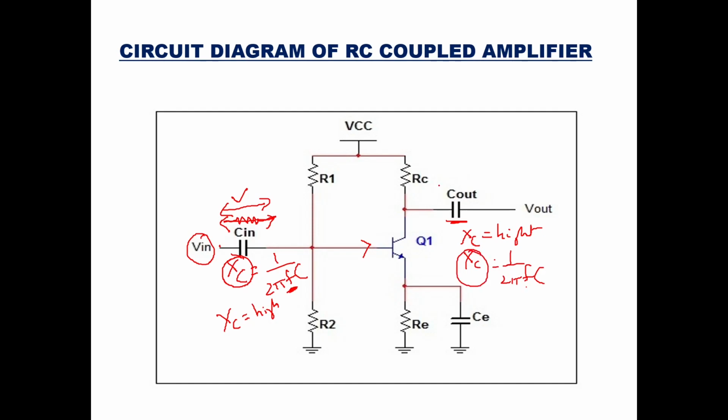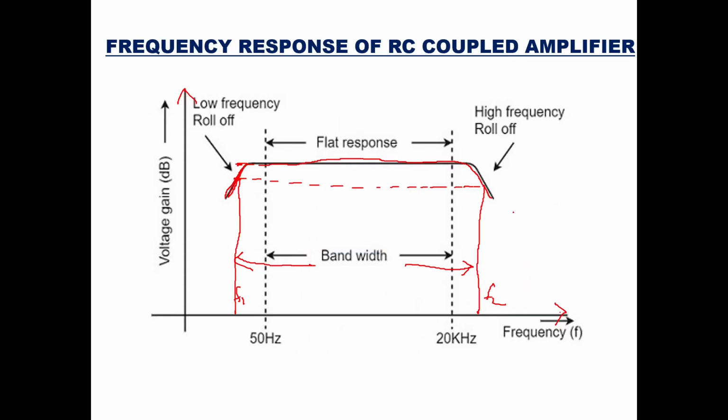Because of that, there will be a voltage drop across this also, which will reduce the output voltage. So output voltage will be less when the input frequency is low. That is the part you are showing over here, where the input frequency is low and the voltage gain is low.